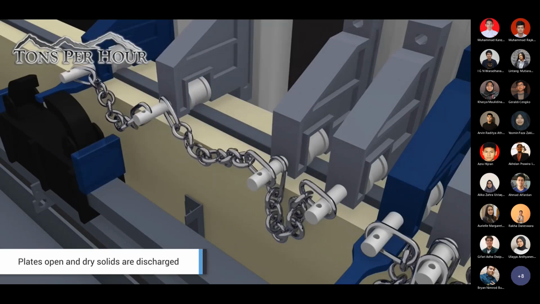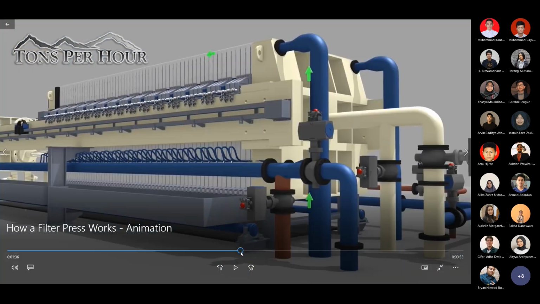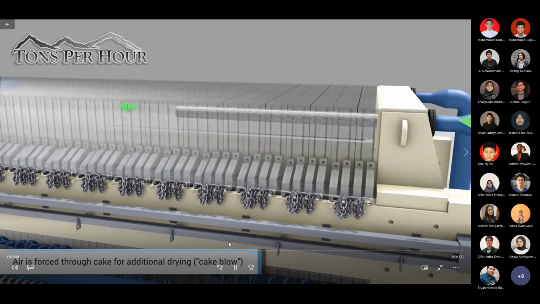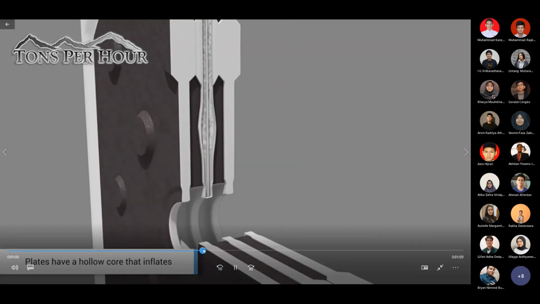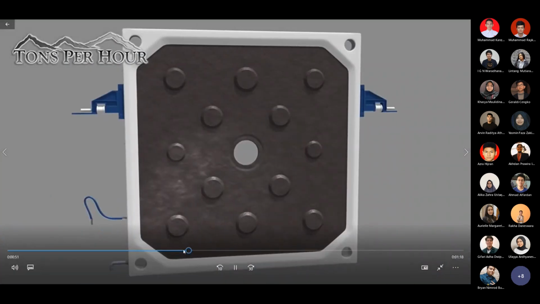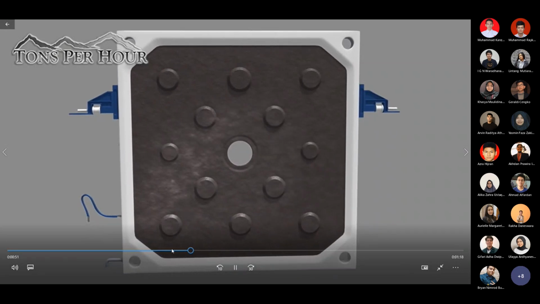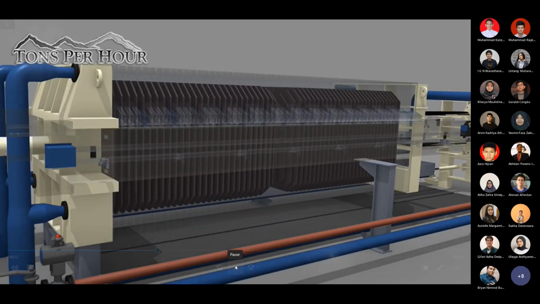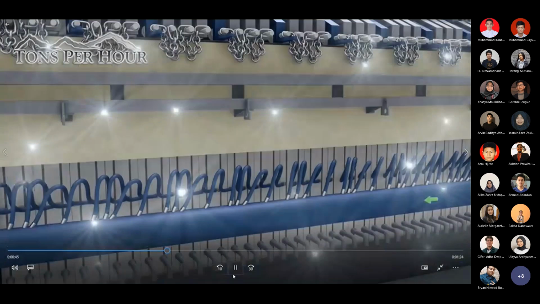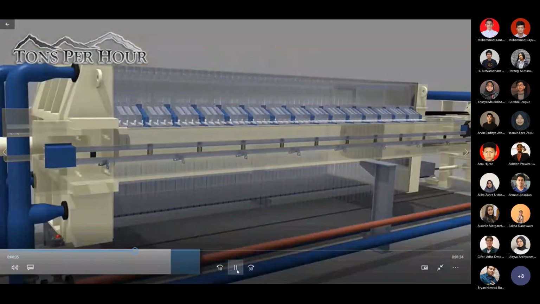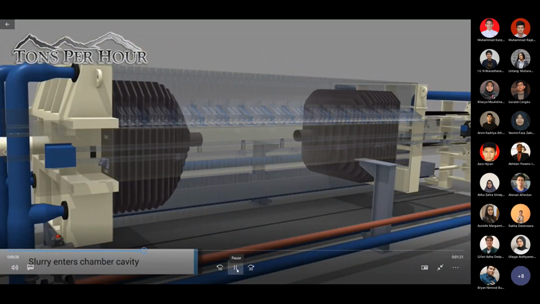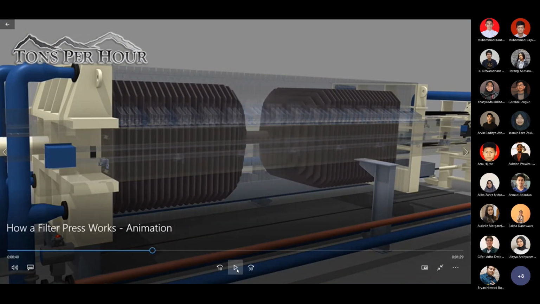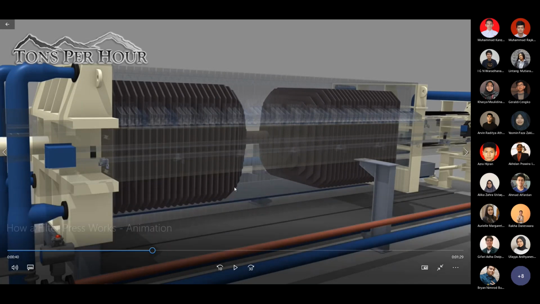Okay, let me rewind this first. After all of these chambers are filled, when you press the system, of course you will be able to extract the water from the system.